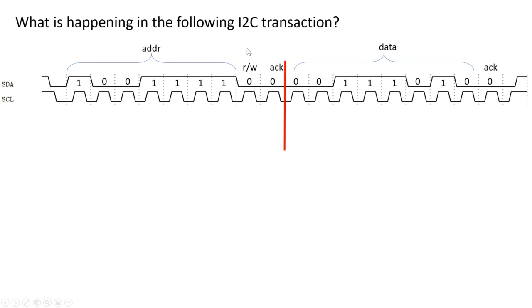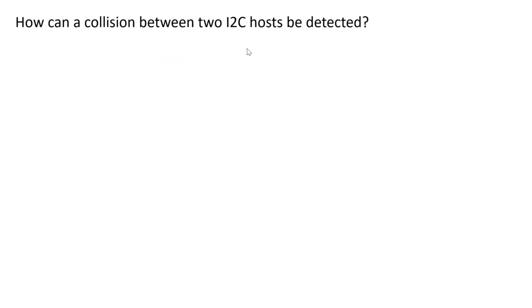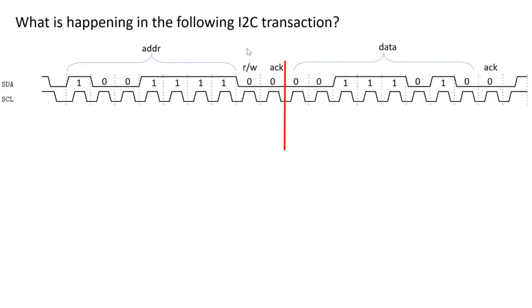Now you might have a hard time remembering this. Read-write is 0 for write and is 1 for read. So in this case, we're writing. We're writing this data to the address specified in the address.